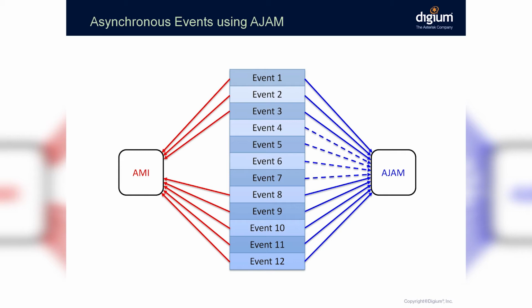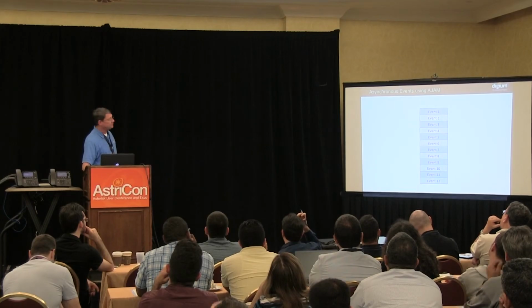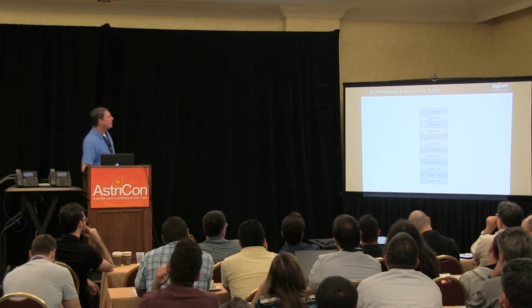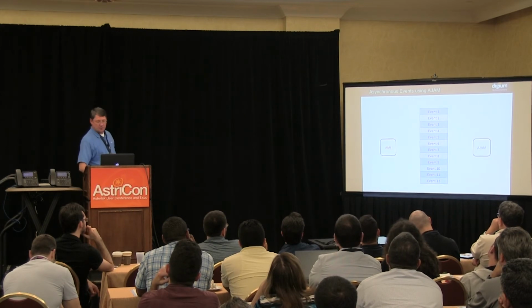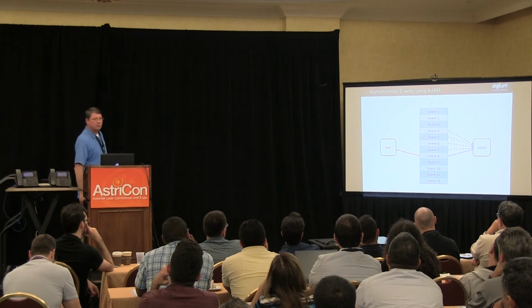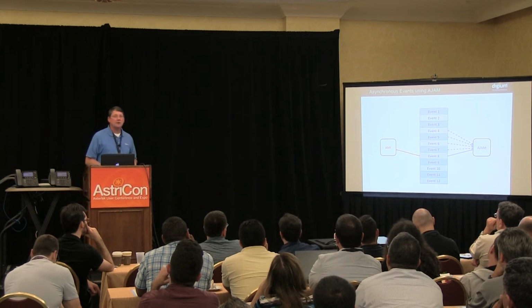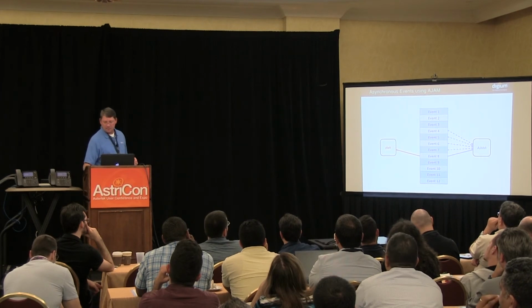Then for some reason the network goes down and they're knocked off, and they can't talk to Asterisk anymore. But Asterisk is still spitting out events. Just nobody's there to listen. And then the network comes back up. Well, on an AJAM interface, all those events were queued up, so you'll receive the events you missed, whereas regular AMI, you're not going to receive the missed events.